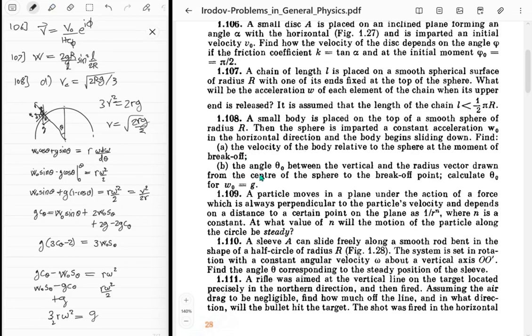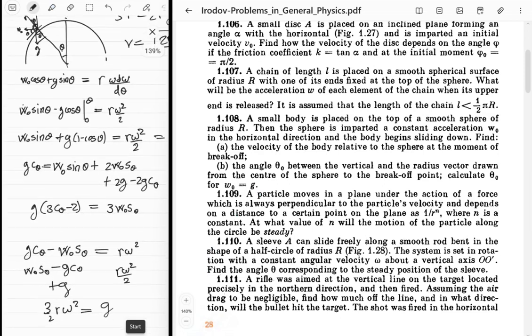And also, we need to figure out what theta naught is for W naught is equal to G. Whenever W naught is G, you can get rid of these things directly. This becomes 3 cosine theta minus 2 is equal to 3 sine theta.